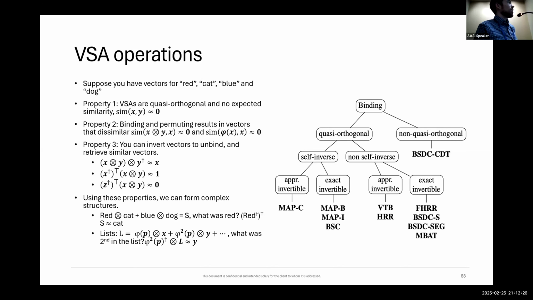One of the properties that most VSAs maintain is quasi-orthogonality. If I take two arbitrary vectors, their similarity will be approximately 0. Why quasi, not just orthogonal? Because if I mandate orthogonality, I'm limited to d items for my d-dimensional vector.